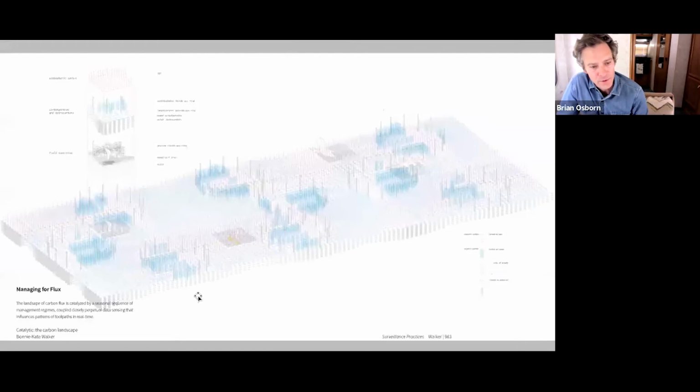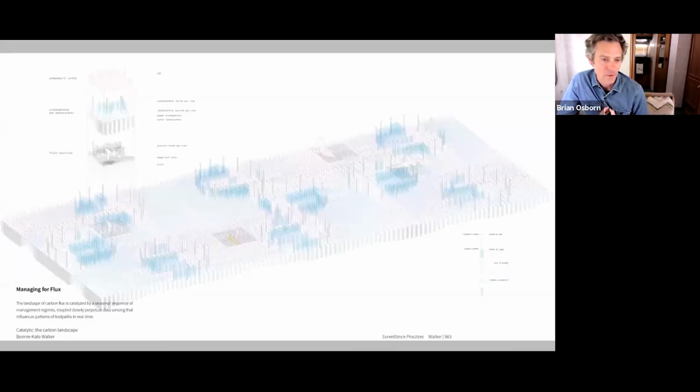And so she produced drawings like this, which tried to draw the field at Milton as a set of latent carbon processes. By reframing the field, not as a series of green things, but as a series of possible carbon processes, she could then determine ways of operating on that field that would either release or sequester that carbon.